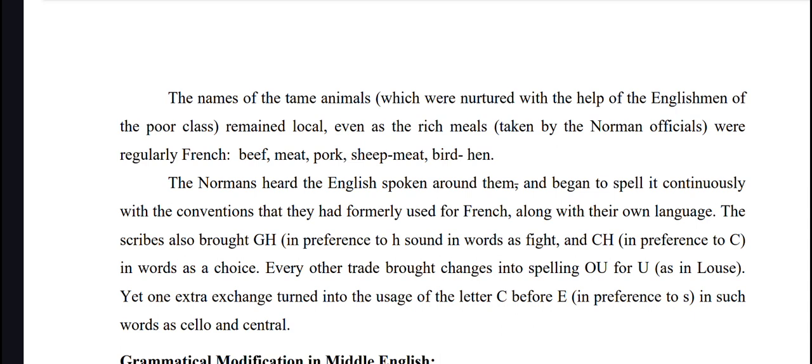The Normans heard the English spoken around them and began to speak it continuously with the conversation that they had formerly used for French along with their own language. The scribes also brought gh in preference to the h sound in words such as fight, and in preference to the c in words such as choice.